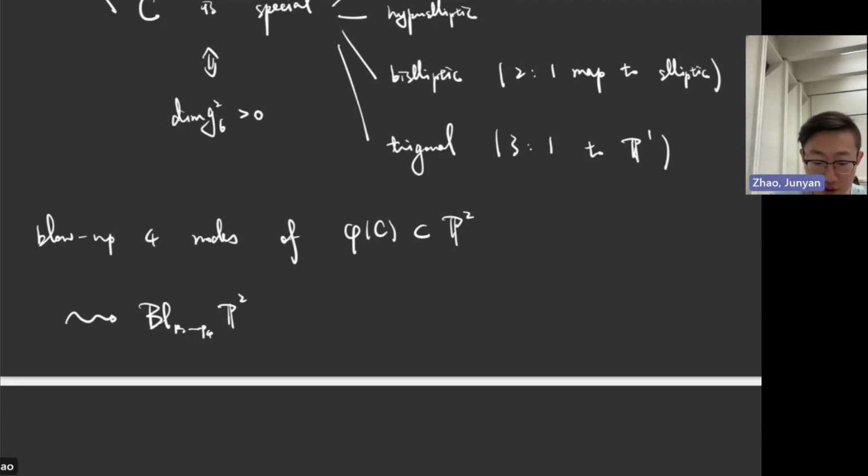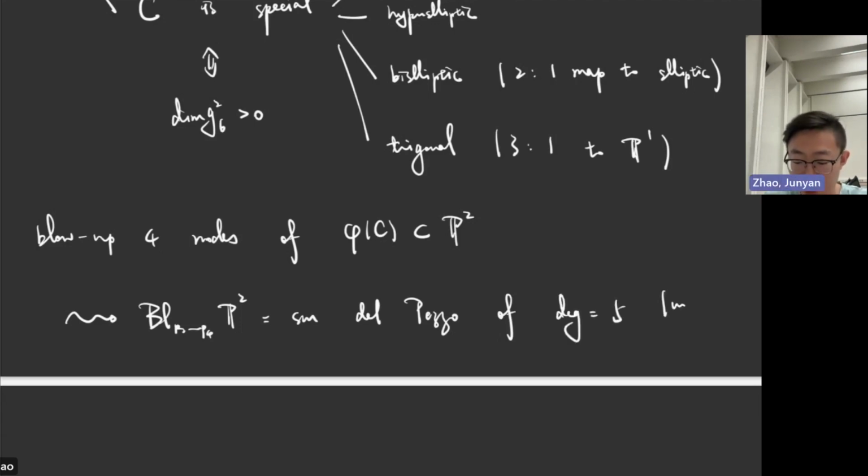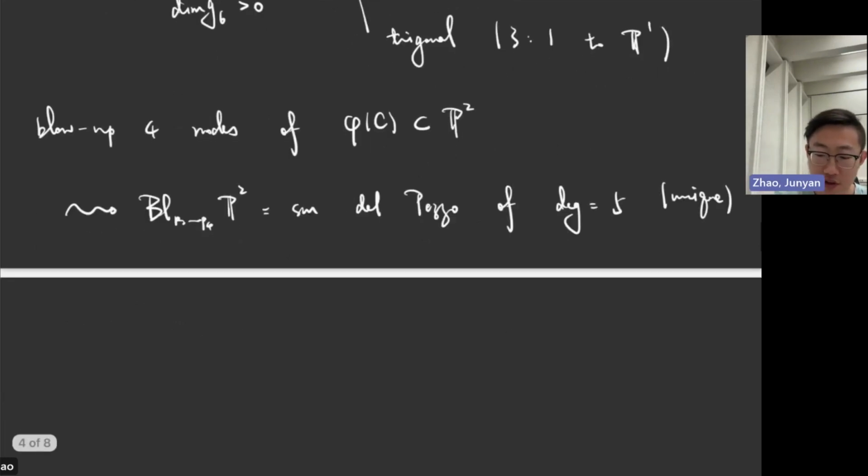This is a smooth del Pezzo surface of degree 5, which is unique up to isomorphism. Because you blow up 4 points, you can arrange any 4 points to the others, right? So for notation, let's call this sigma. This is our unique smooth quintic del Pezzo surface.